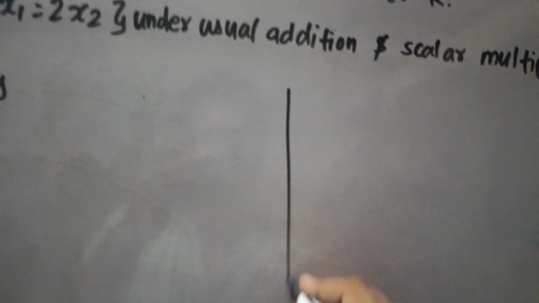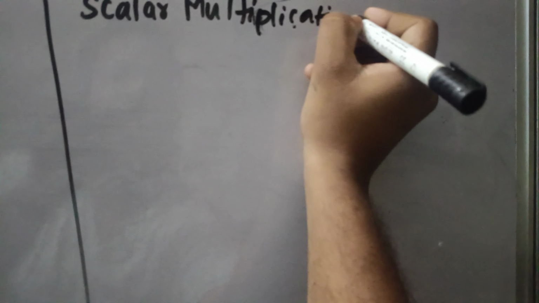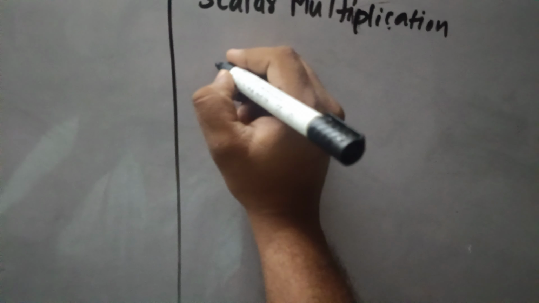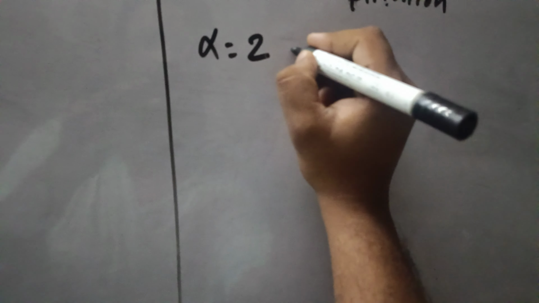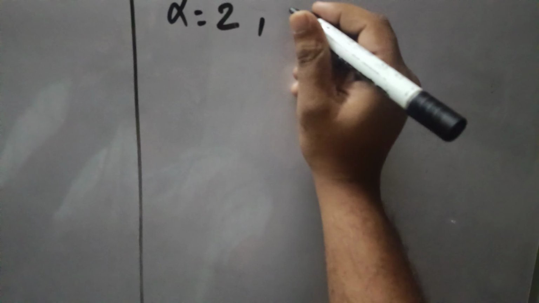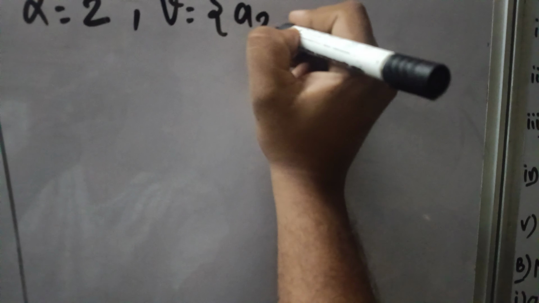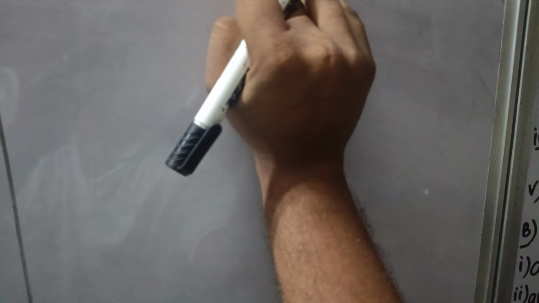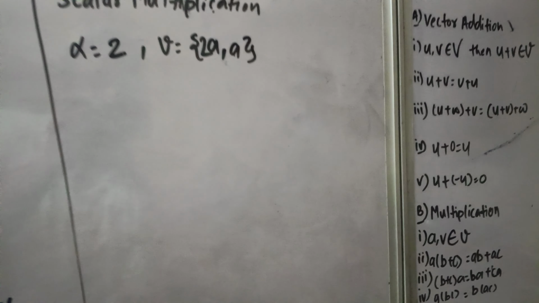Now what about scalar multiplication? For scalar multiplication, let us take alpha as 2 and we will take v as our vector, which is 2a and a respectively as given in the question.